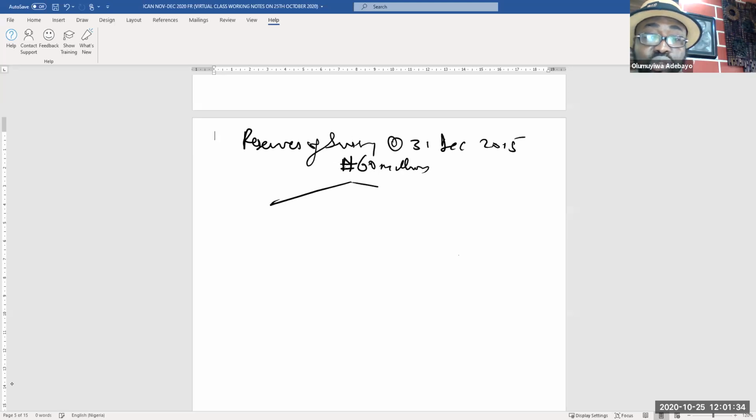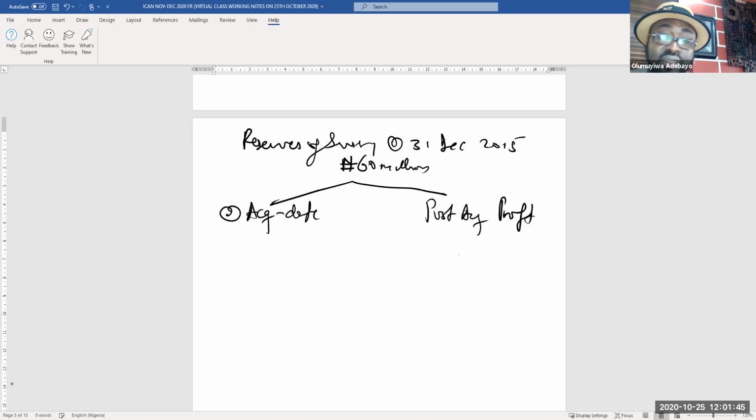And we have to split it into two: reserve as at acquisition date, which we call pre-acquisition, and post-acquisition profits.